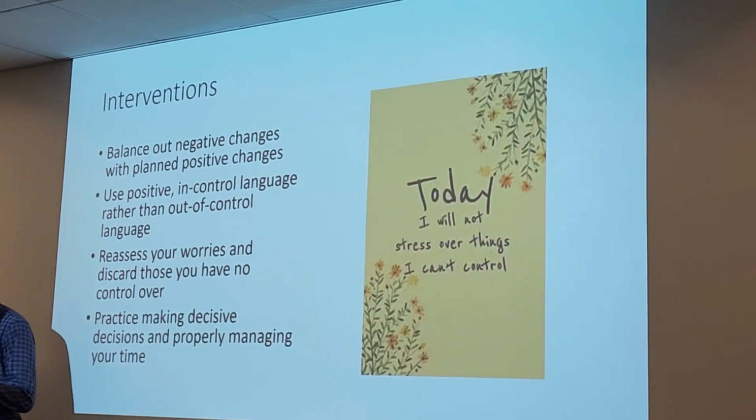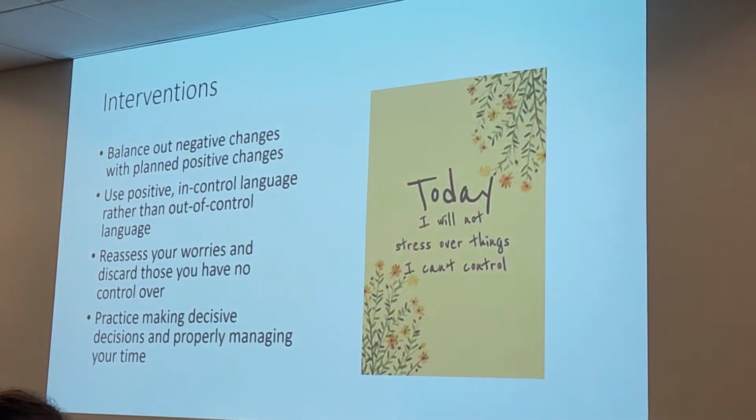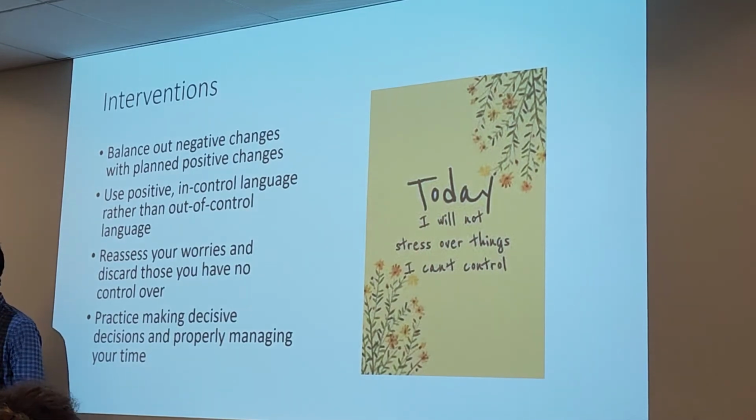So, recommendations for you. If there are any negative changes that are going to cause stress, try and balance them out with planned positive changes. Do something, change something in a positive direction. Use positive in-control language rather than out-of-control language. We'll talk about what that means in one of the next slides.